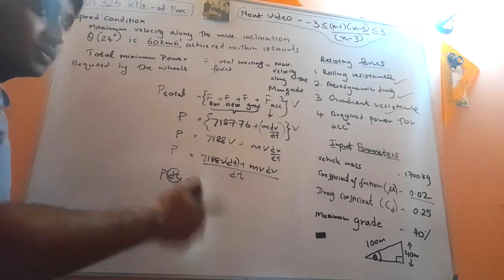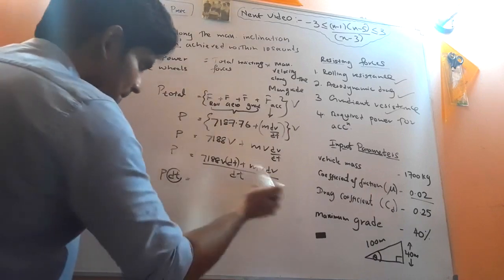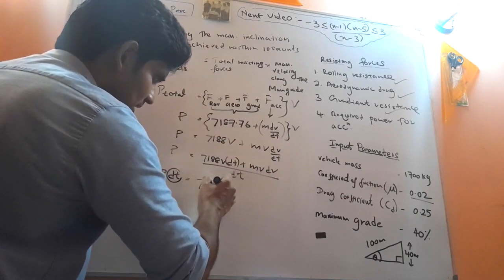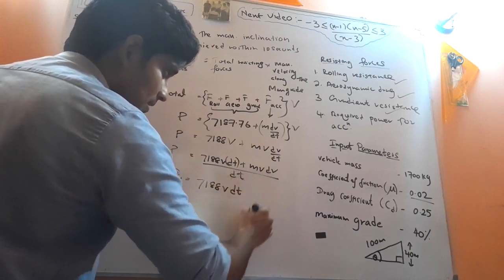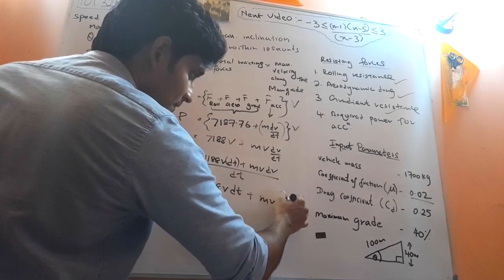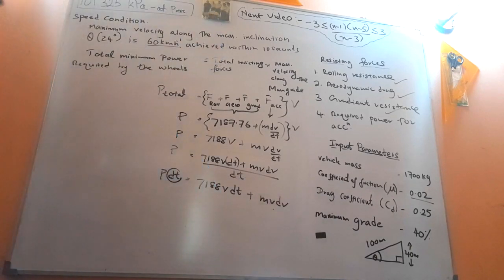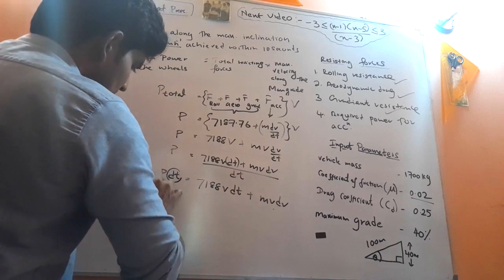Let's see what we are going to do next. P times dt equals 7188 V times dt plus mv dv. Now what we can do is integrate both the sides.